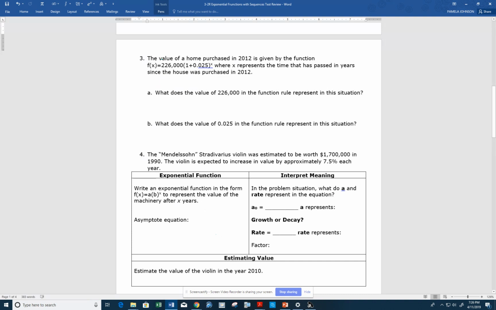Well, if you think back to when we were talking about Carl's new machinery, that number that goes out front of the parentheses right here, that's our initial value. So this is the initial value of the home, and this was in 2012.